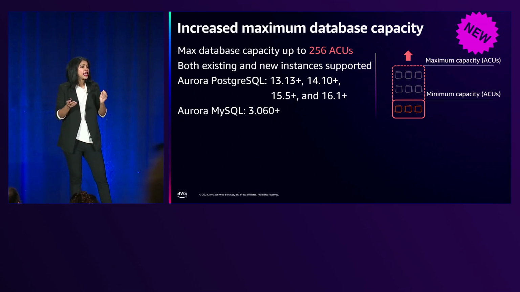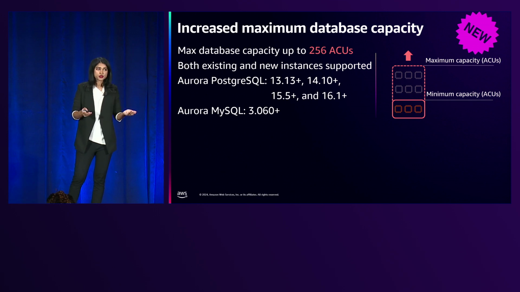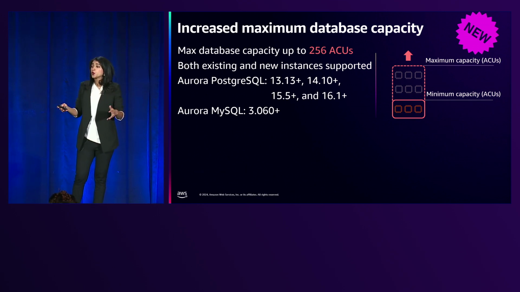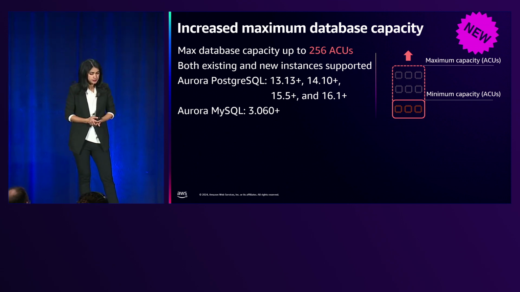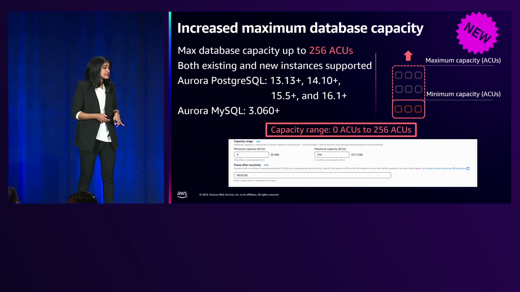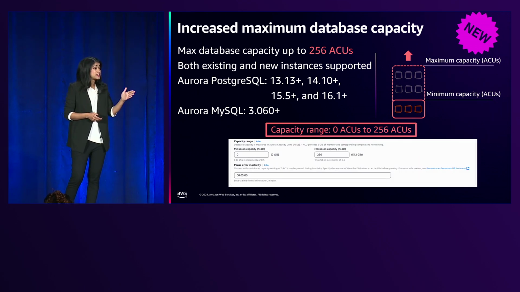And of course, anything existing you are running, anything new you are running, you can use both of these functionalities. And similar to other features in Aurora, we usually release these new features on more recent minor versions. And now together with these two announcements that we did recently, Aurora Serverless can go from 0 ACUs all the way to 256 ACUs.